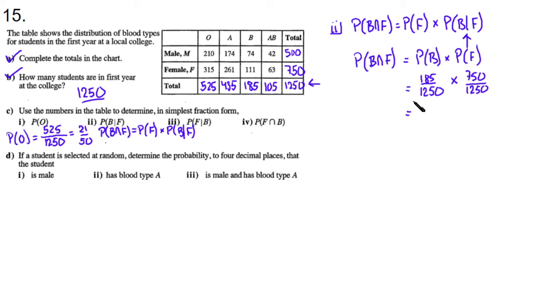It can be reduced to, I just have to quickly double check. Yeah, if we divide numerator and denominator by 5. So 185 divided by 5 is 37.